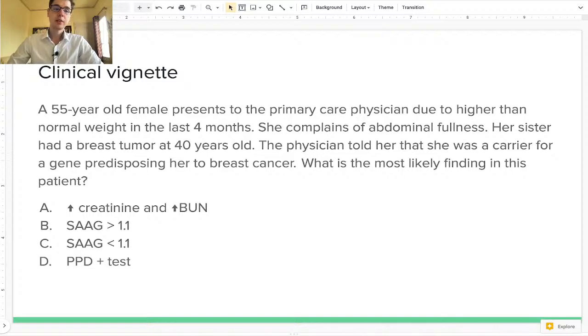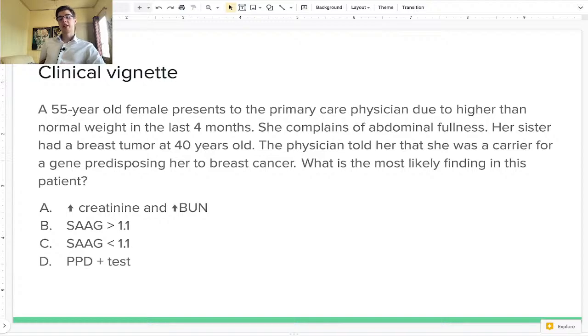The next clinical vignette presents a 55-year-old female. She comes to the primary care physician due to higher than normal weight in the last 4 months. She complains of abdominal fullness. Her sister had a breast tumor at 40 years old. The physician told her that she was a carrier for a gene predisposing her to breast cancer. What is the most likely finding in this patient?